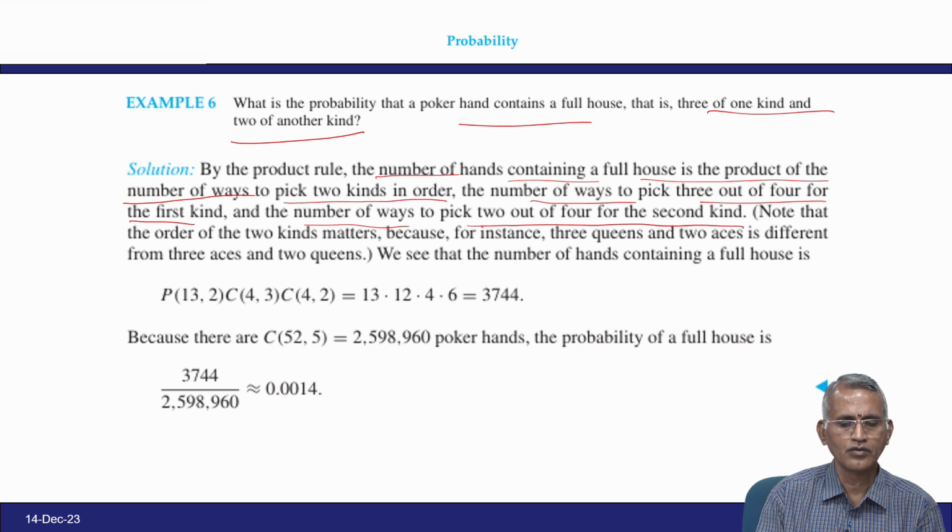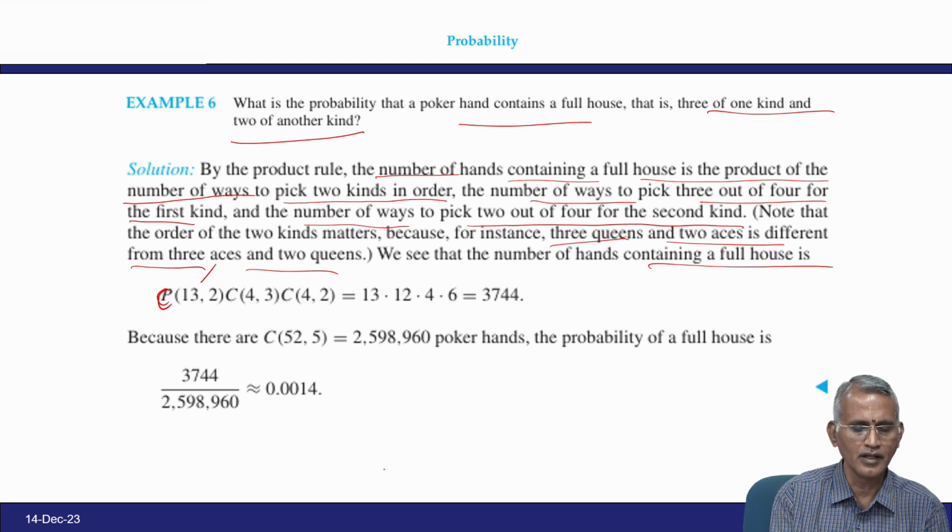The order of the 2 kinds matters because, for instance, 3 queens and 2 aces is different from 3 aces and 2 queens. Therefore, the number of hands containing a full house is 13C2 into 4C3 into 4C2.